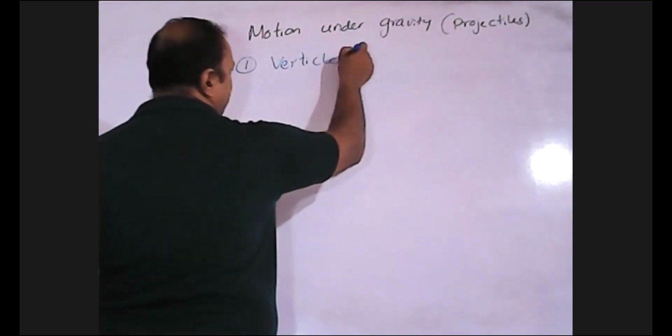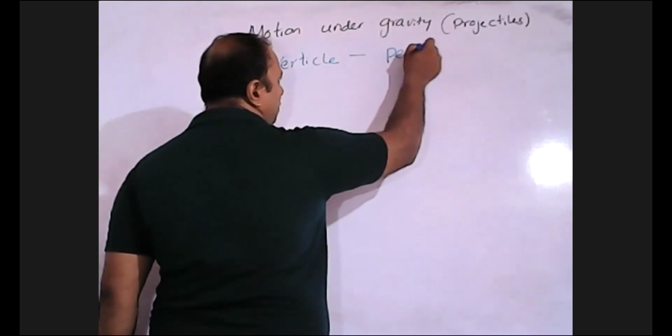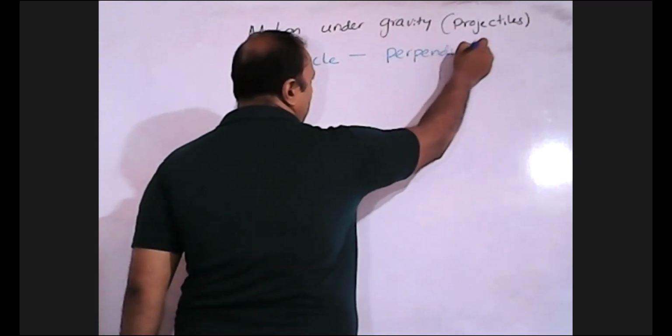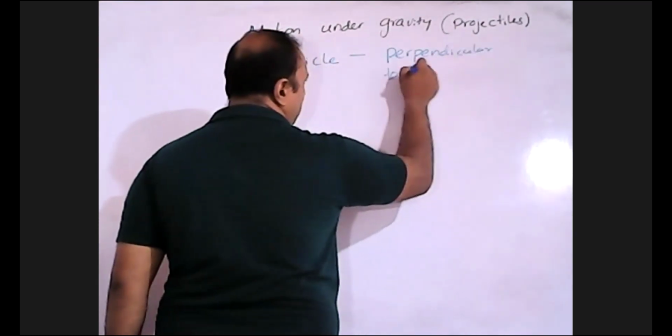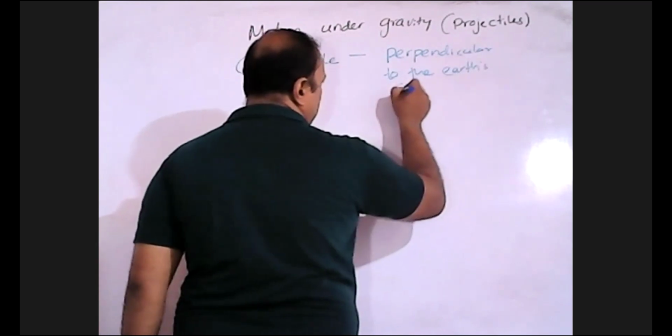Vertical means perpendicular to the Earth's surface.